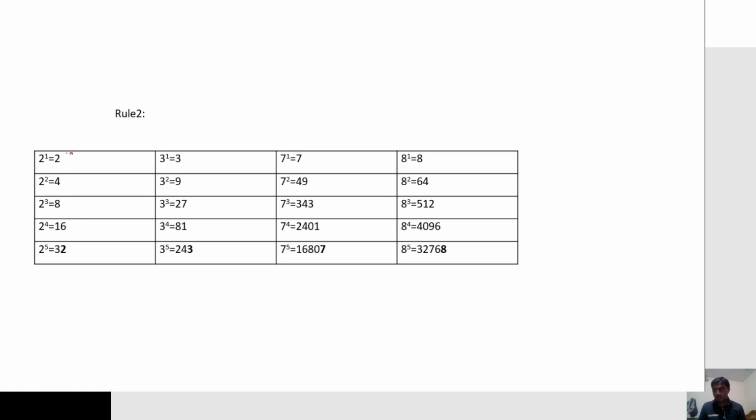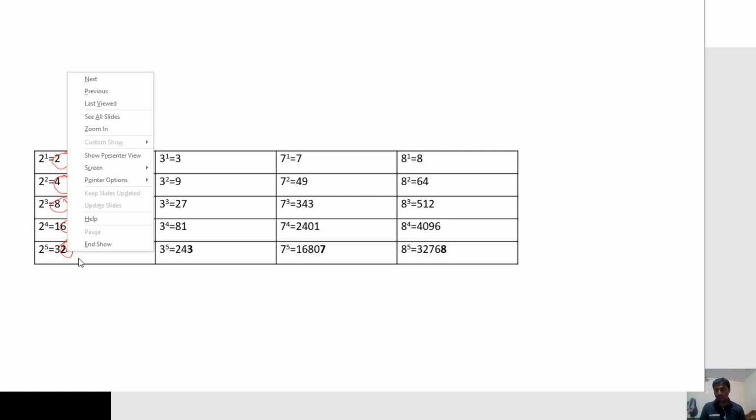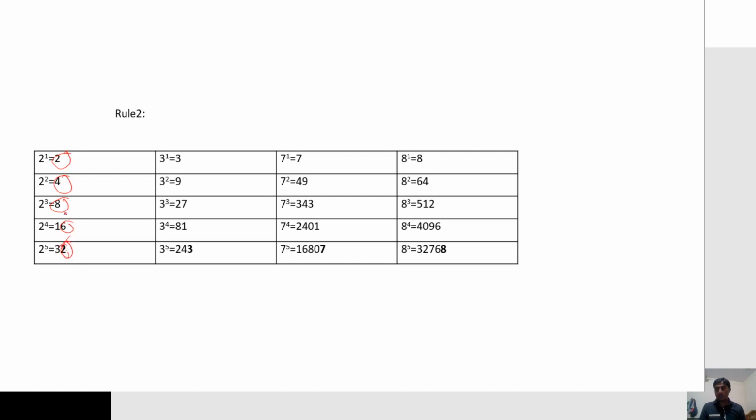Thus first unit digit 2, next unit digit 4, next unit digit 8, next unit digit 6, and next unit digit 2 again. You can see the unit digit repeats after 4 times: 2, 4, 8, 6, then 2 again.